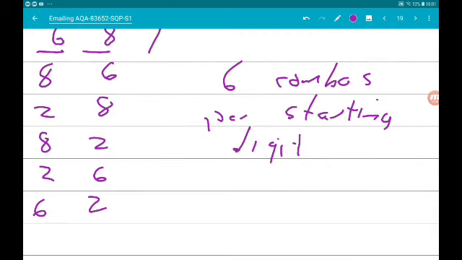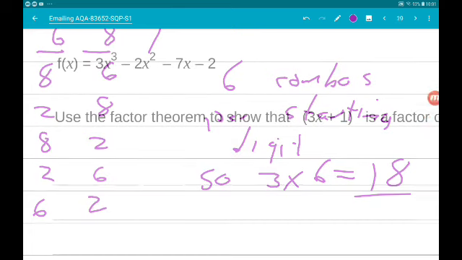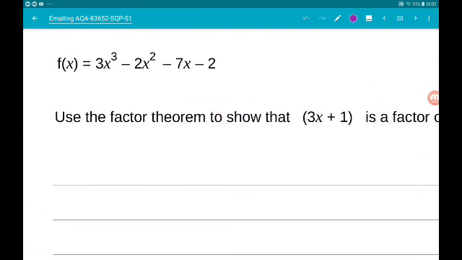So, altogether then, we can have 3 starting digits. 3 times 6 is 18. Cool. Okay, 19. F of x is 3x cubed minus 2x squared minus 7x minus 2.